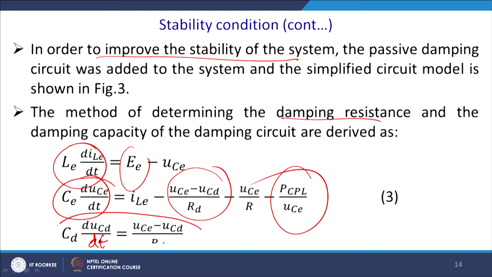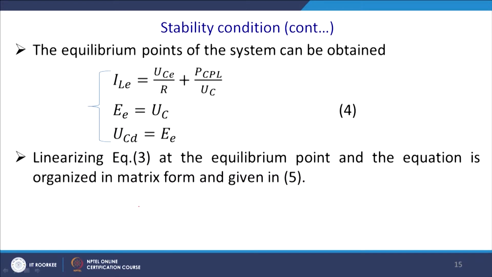So, these are the equations you have, and from the equilibrium point of view, solving those equations we find that iL equal to Uc by R plus Pcpl by Uc, and Ec equal to Uc, and Ucd equal to Ec. So, linearizing these equations at the equilibrium point, the equations are organized in matrix form.